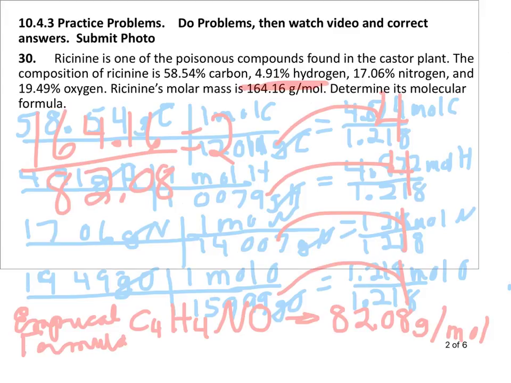We divide that, we get a 2. So then we come back down here and take our empirical formula, and I'll switch colors one more time. Go to green.